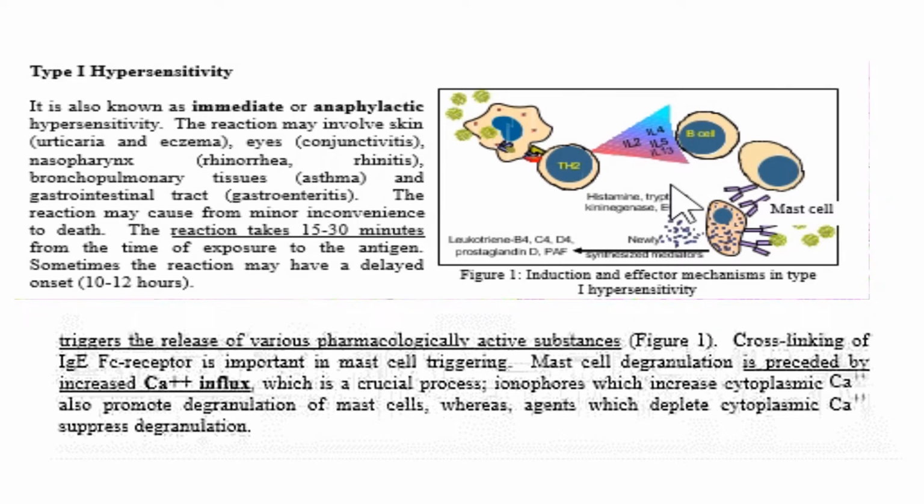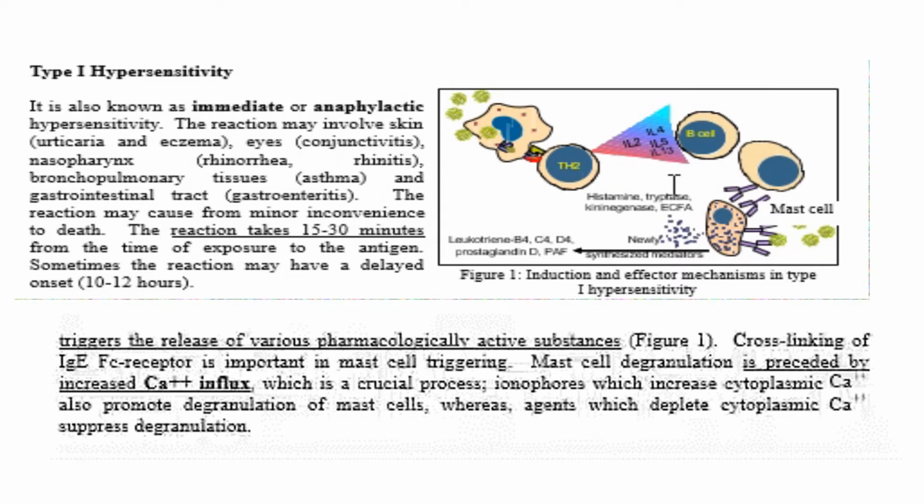Possibly it could be related to genetic preference. However, it has been shown that such individuals preferentially produce more T helper cells that secrete interleukin 4, interleukin 5, and interleukin 13, which in turn favor IgE class switch.